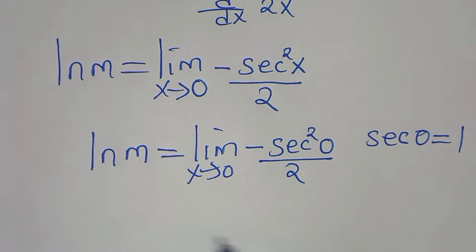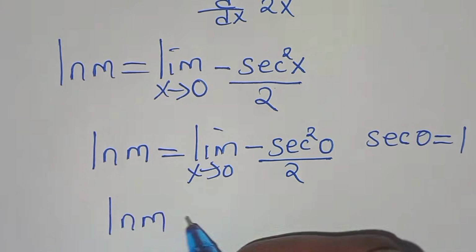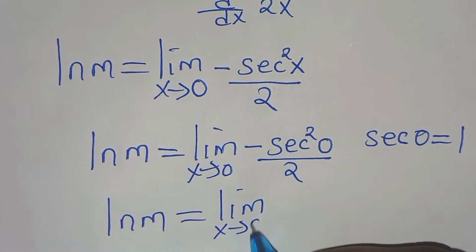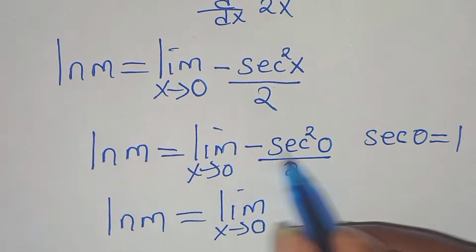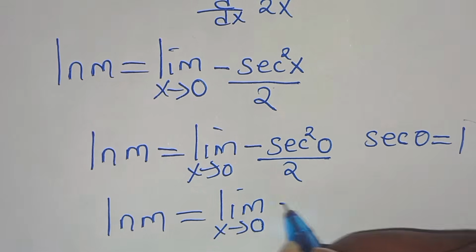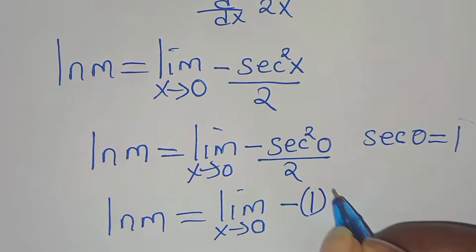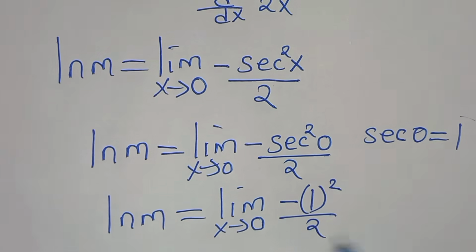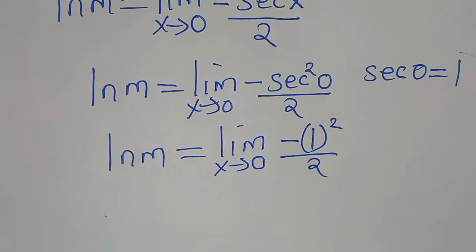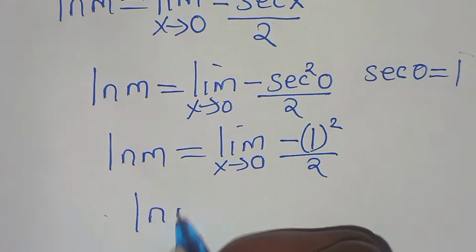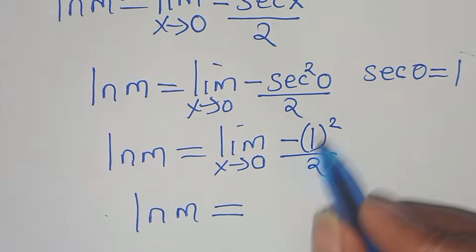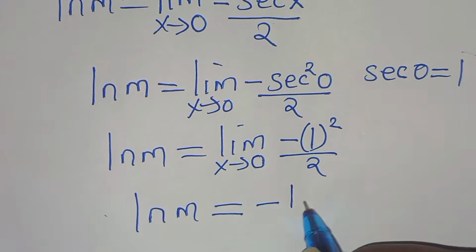So this implies we have the ln of m equal to the limit as x tends to 0 of minus sec squared 0, and sec 0 is 1. So we have minus 1 squared divided by 2. And this implies that the ln of m is equal to 1 squared, which is 1, so we have minus half.